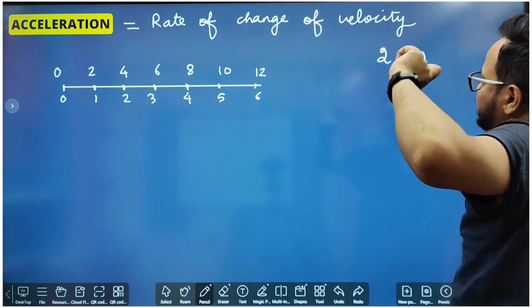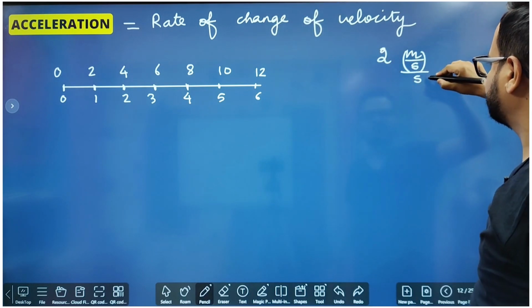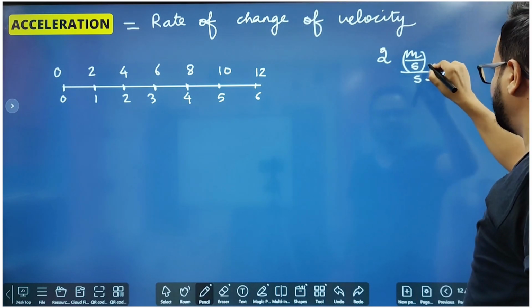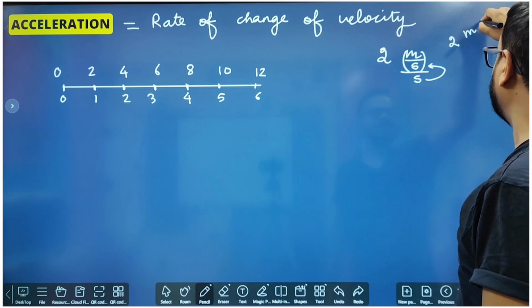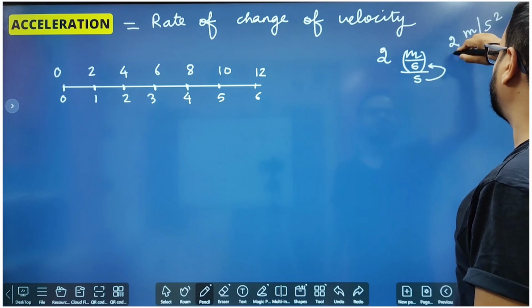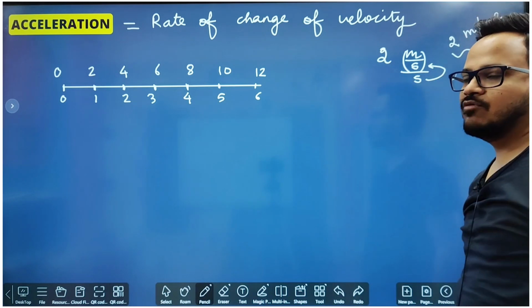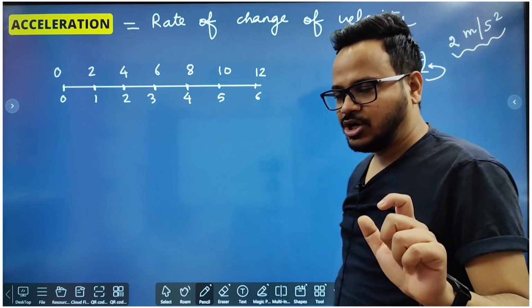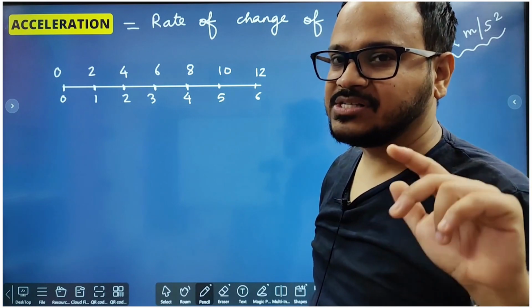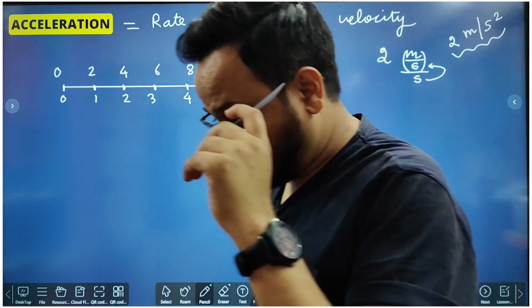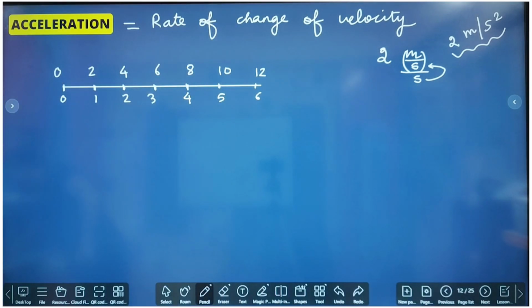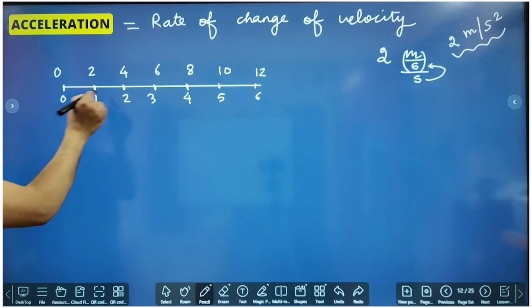So it is 2 meter per second, but this second will be multiplied with this second, and mathematically the answer comes out to be 2 meter per second square. So the SI unit of acceleration is meter per second square, but that means meter per second, right?